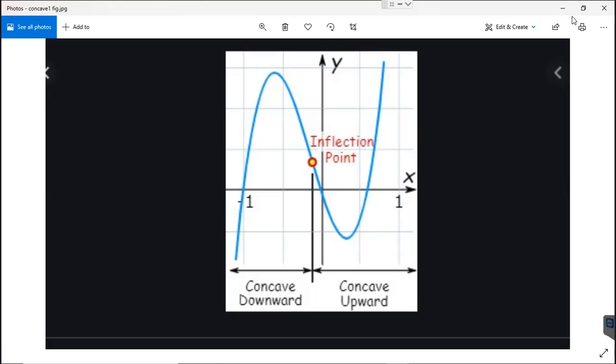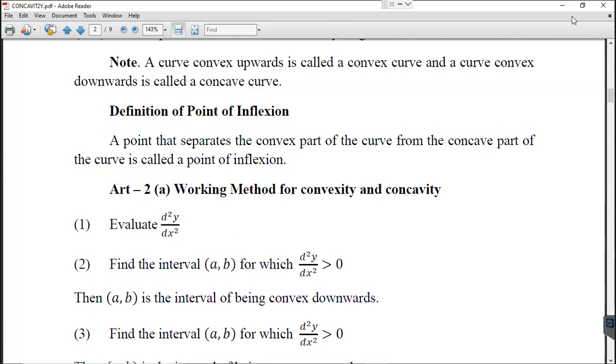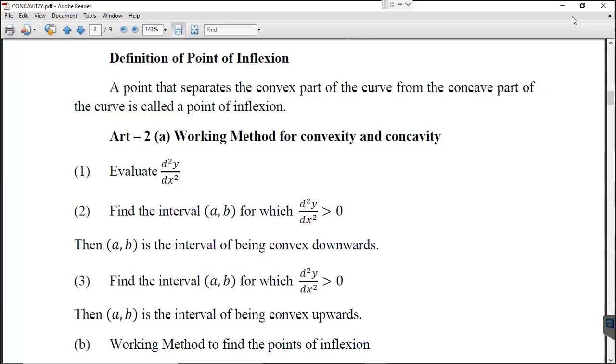Now we will discuss the working method to find the concavity and convexity of the given curve. If you are given the curve y is equal to f of x, first of all you have to calculate the second order derivative of y with respect to x, that is, you have to find d2y by dx2.